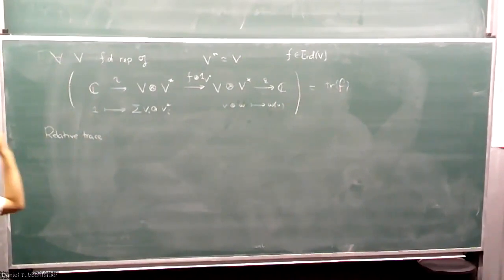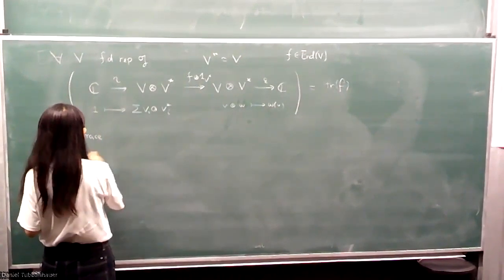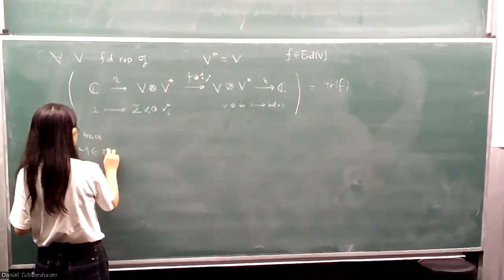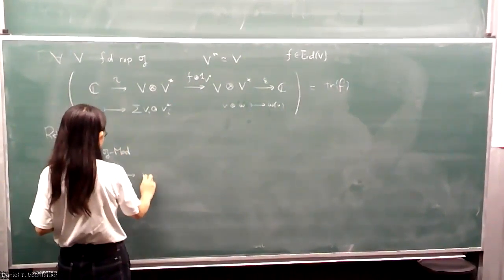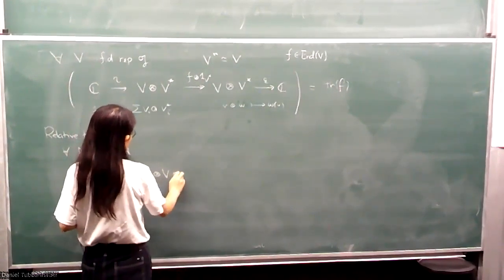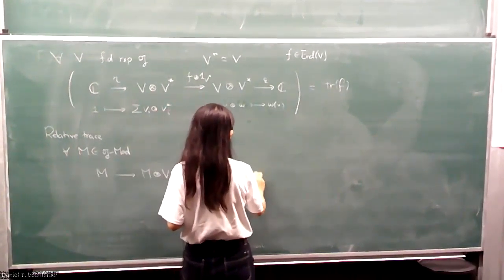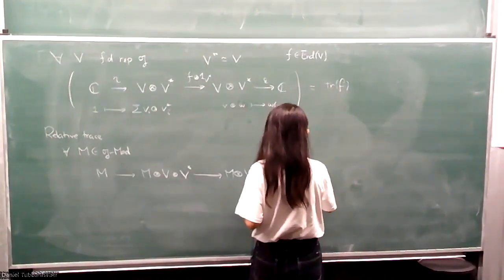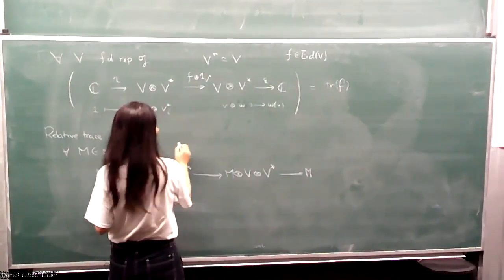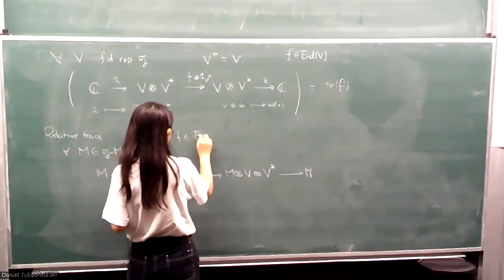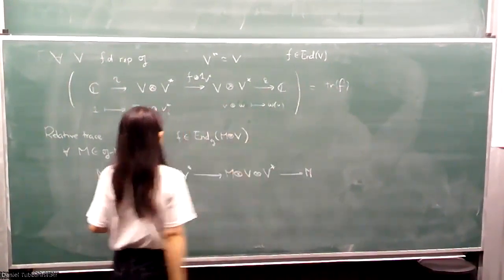Okay. And we will use a relative version of this. So now, instead of C, I can plug in a module. For N, we choose a module M, and I consider M to M tensor B, and then I want to go back to M. Here, for any endomorphism of M tensor B, I can do the following.